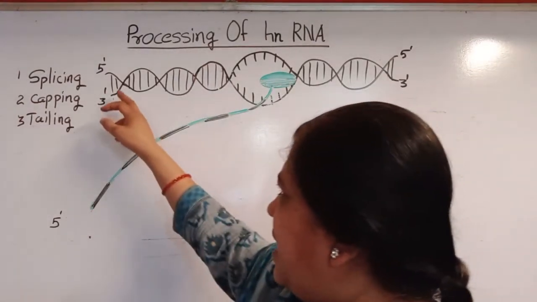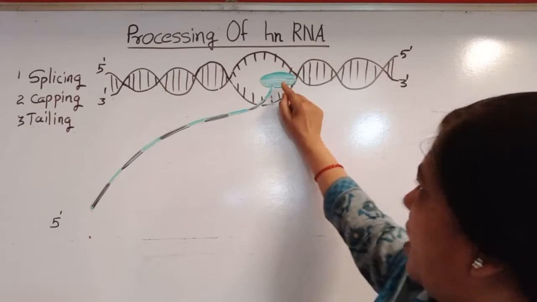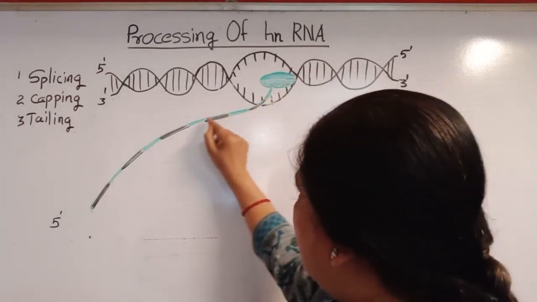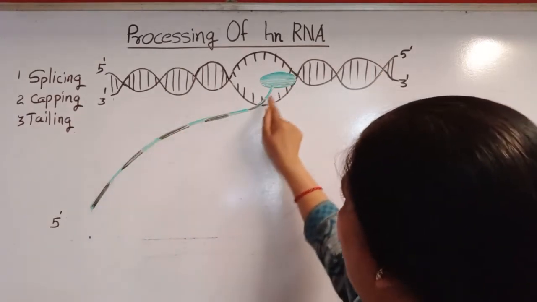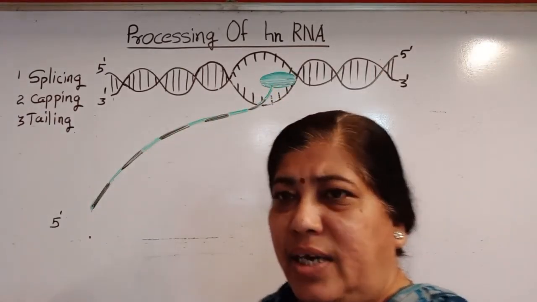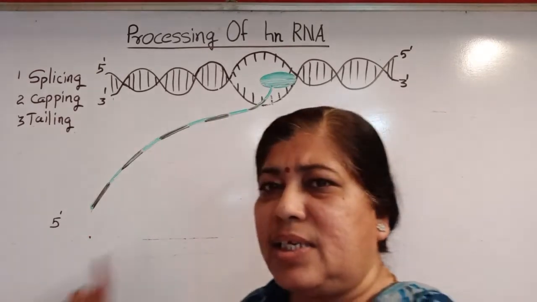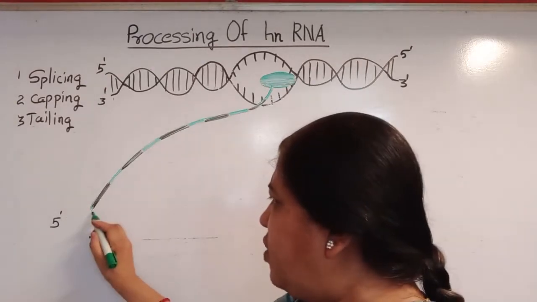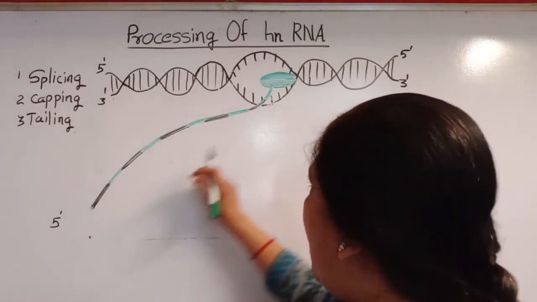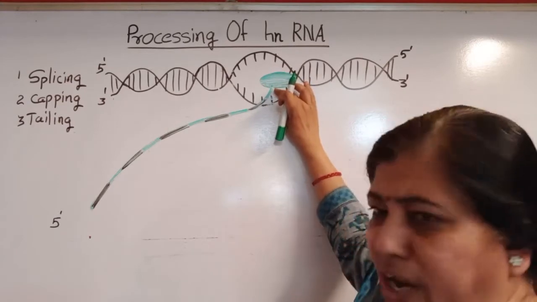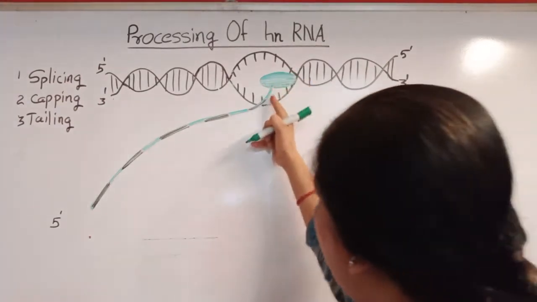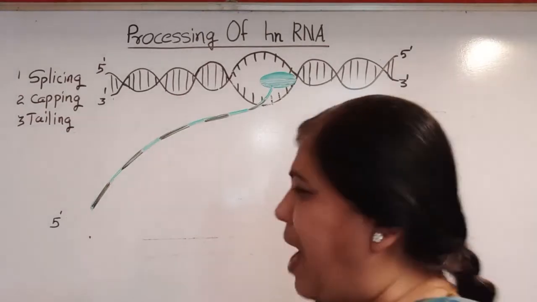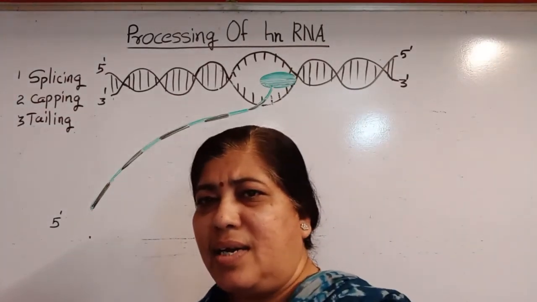So see in this diagram, this is DNA molecule and this is RNA polymerase enzyme, and see this is RNA. So this RNA is non-functional. It is also called primary transcript or hnRNA, and this is the 5' end of hnRNA, and this is the 3' end of hnRNA. This primary transcript consists of two parts, that is introns and exons.